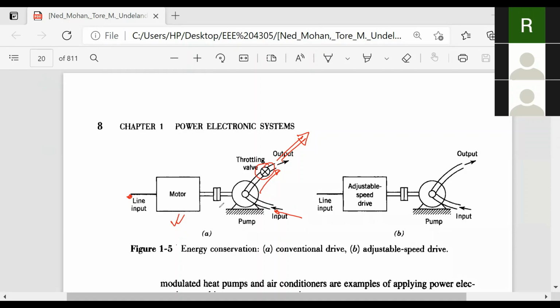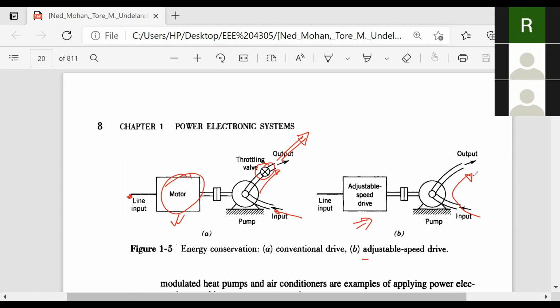But if you use power electronic devices, then instead of a fixed speed motor, you can have a variable speed motor, and this is the power process. You have to process the power to change the frequency, and then you will control the flow of your water.